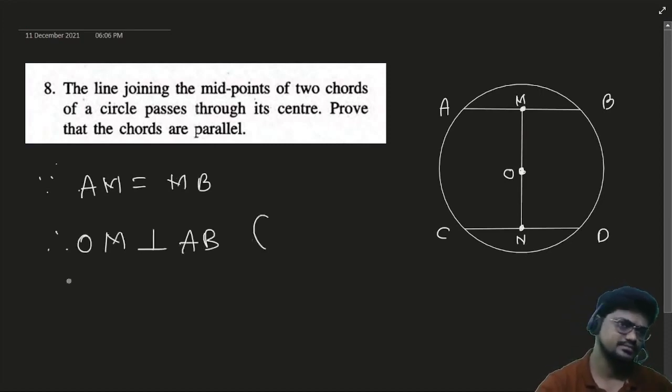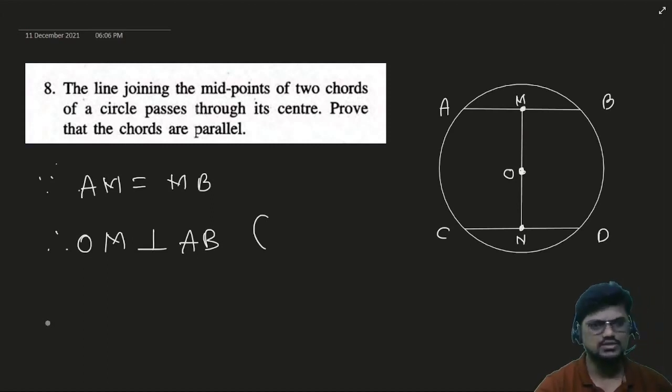Why? Because a line drawn from the center of the circle to the midpoint of a chord bisects the chord and is also perpendicular to the chord.